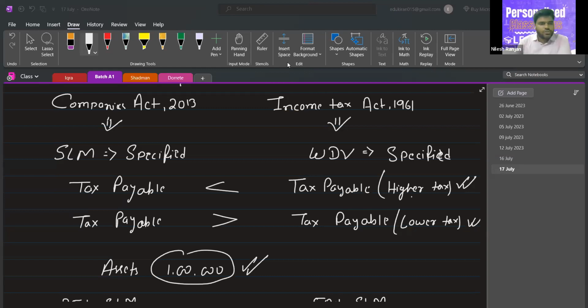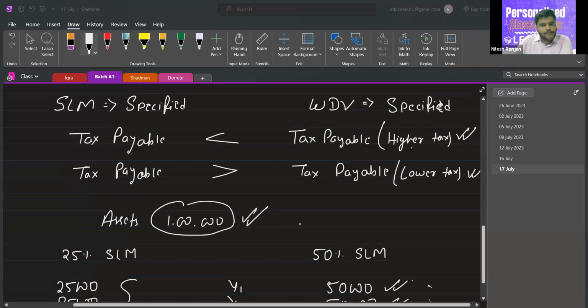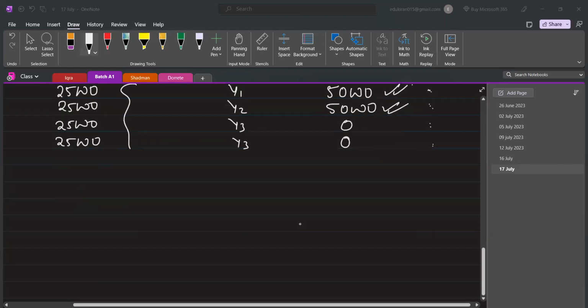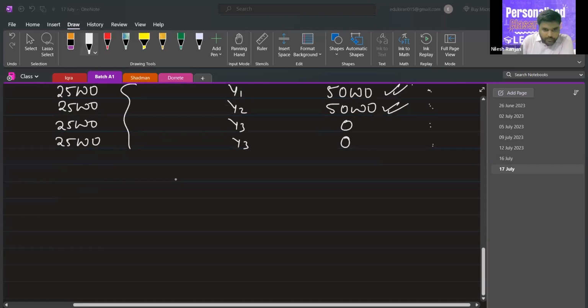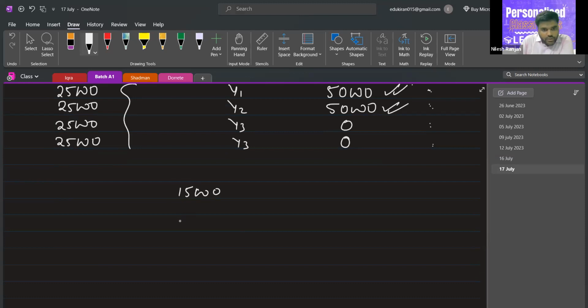So if the tax payable is higher in the beginning, then tax payable will be lower in the last. Yes, sir. So let's say you are paying 15,000 in the beginning, then in the last you have to pay less tax, that is 5,000. And if you are paying 5,000 in the beginning, then you will pay 15,000 in the last.